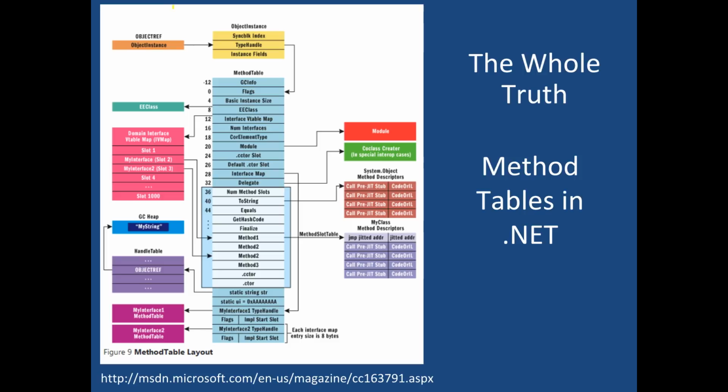So this center thing here is the method table. Let's see what we can pick out here. Here's interface stuff over here, and I don't even know what all this stuff is. So you've got interface maps, class maps, got to be somewhere. Well, that's the method table.